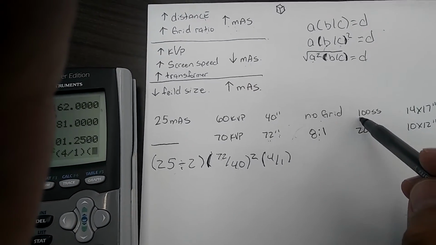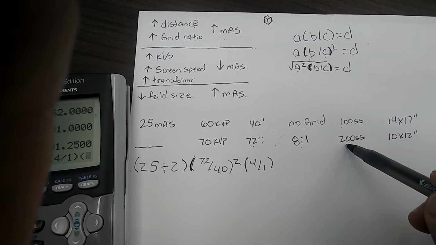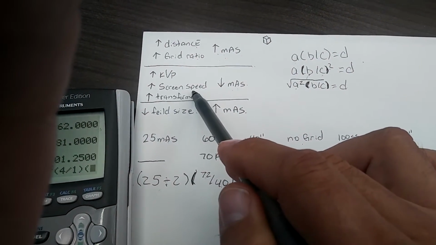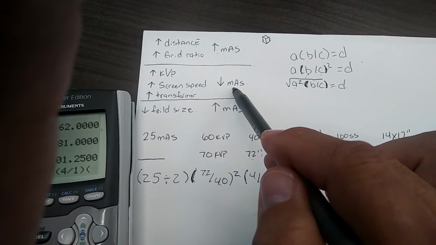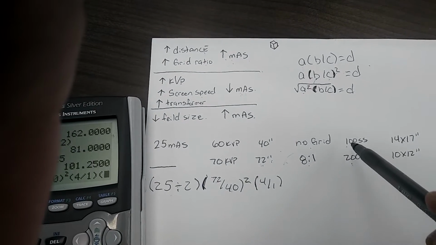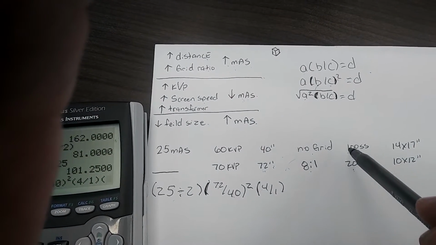Here again, we have 100 screen speed. We're moving to a 200 screen speed. Now we know that when you increase your screen speed, you decrease your mass. So if I need a decrease in mass, I need to put my smaller number on top.